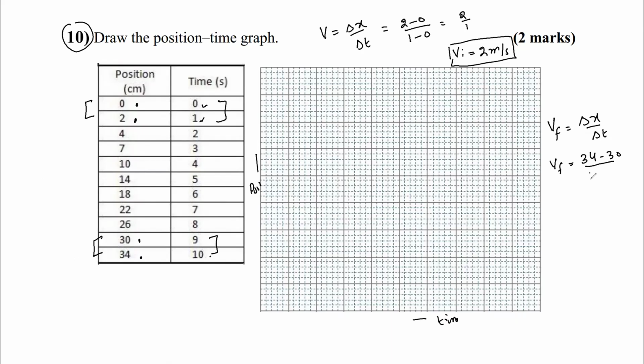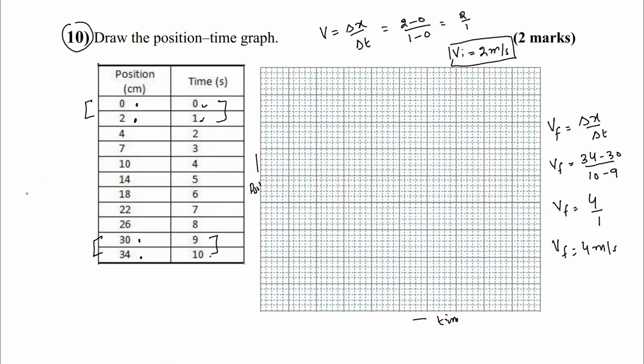So Vf is 34 minus 30 is 4, over 1. So V final is 4 meter per second. This is the method to find the velocities.